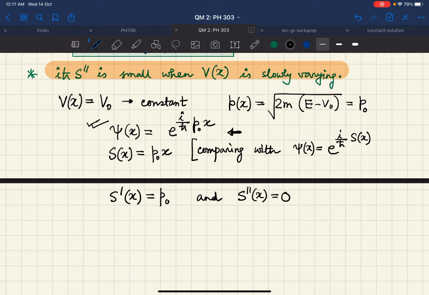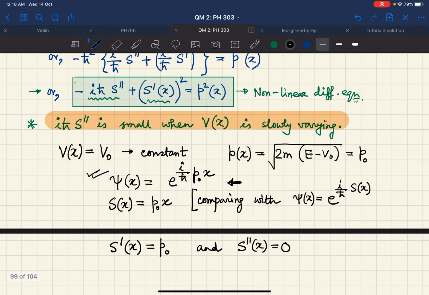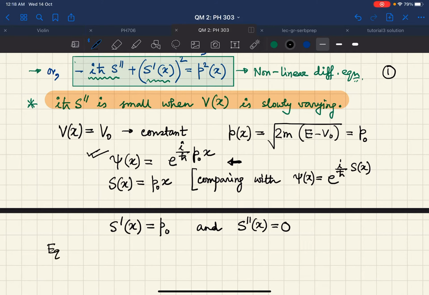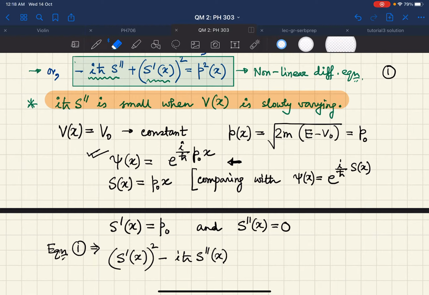Let me call the equation I have written here equation number 1. This implies S prime of x whole squared minus i h bar S double prime of x equals p squared of x.